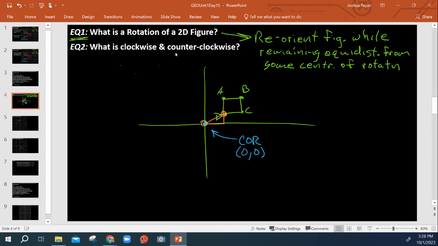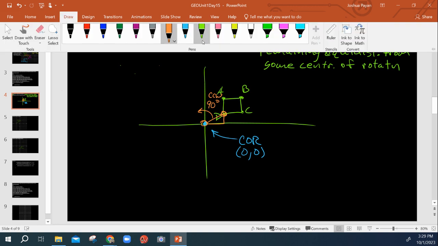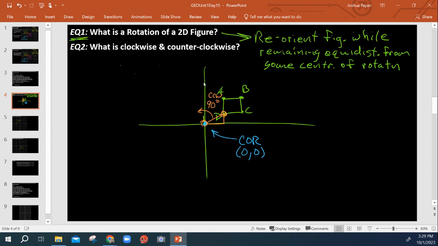Right, so this vertex D, I'm going to take it and let's say I'm going to rotate it 90 degrees, well, this would be counterclockwise. Okay, and we'll talk about that here in a second. So all that means is, now I'm going to redraw and use a different color here. I'm going to redraw my right triangle here.